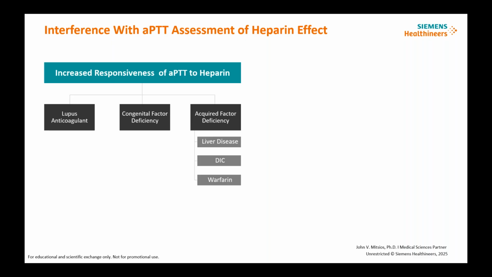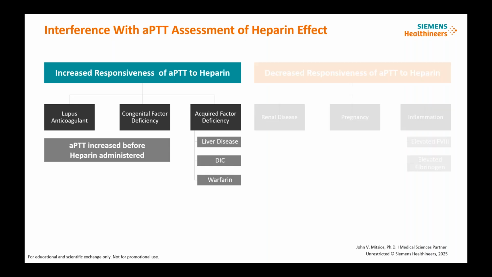There are a number of clinical indications that can result in increased responsiveness to the PTT as it relates to heparin. For example, patients who have a lupus anticoagulant will have a baseline prolongation in their PTT. Patients who have a congenital factor deficiency or even an acquired factor deficiency will have a baseline prolongation in their PTT. So even before heparin is administered, in this case unfractionated heparin, you could have a prolonged APTT.